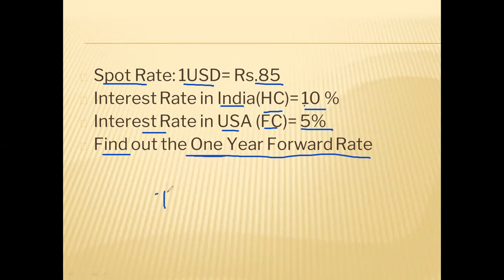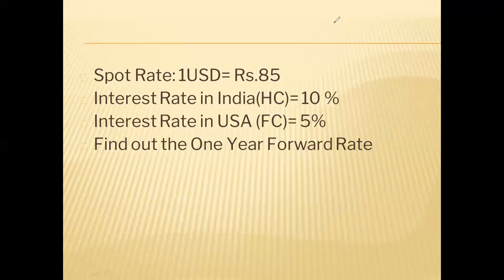So we can calculate the theoretical forward rate. What will be the approximate or predicted rate of the US dollar after 1 year. Using this data, we can calculate the 1 year forward rate of the US dollar. How will we calculate? See, all the data are given.